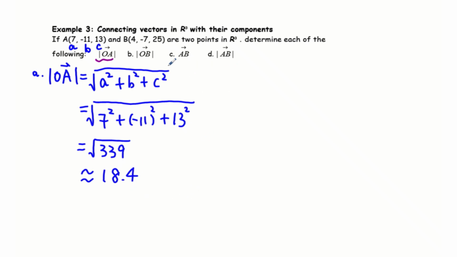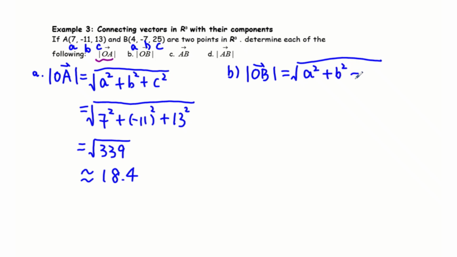And question B is OB. So this is just the magnitude for the vector OB. Okay, so A, B, C again, or you could use X, Y, Z. A squared plus B squared plus C squared, then sub in the given information. 4 squared plus -7 squared plus 25 squared.